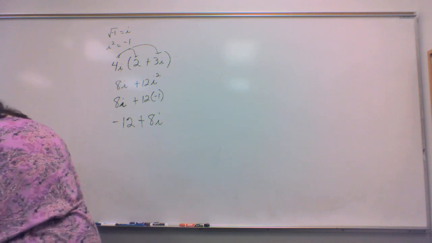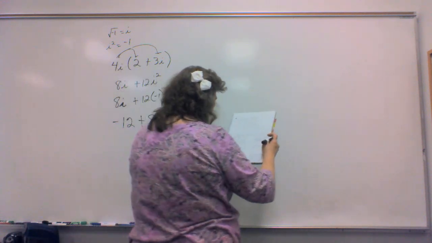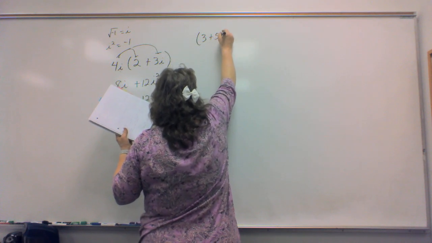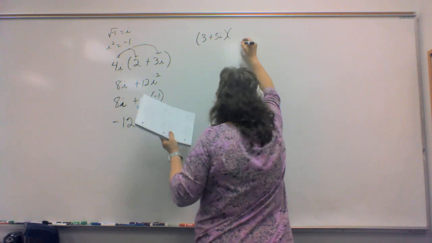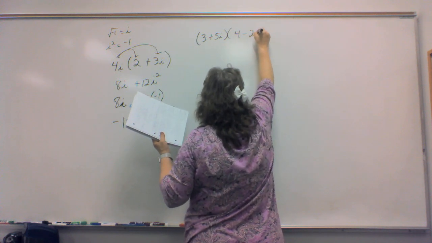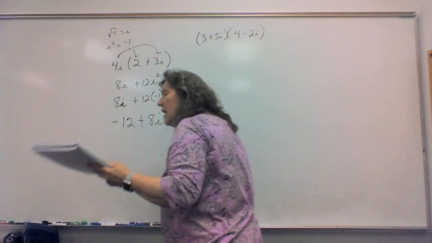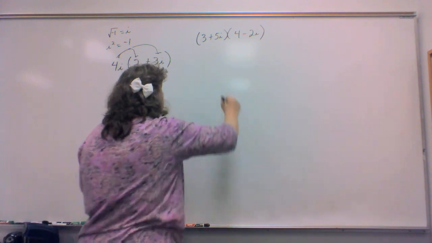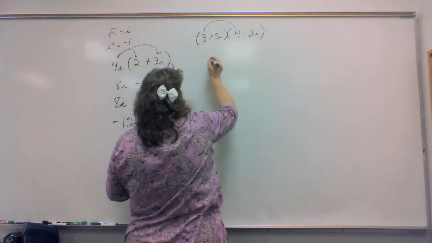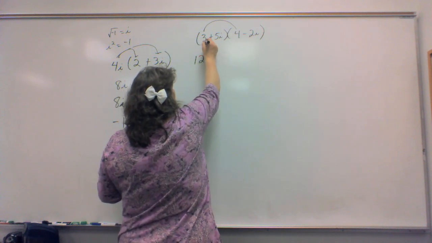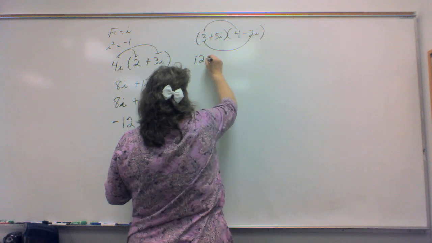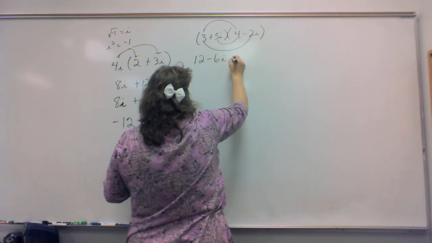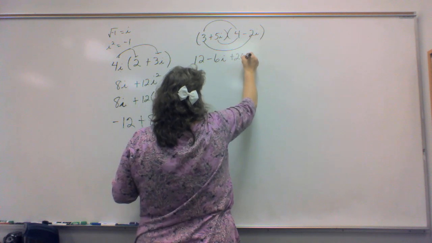Okay, so now let's look at a binomial times a binomial. 3 plus 5i times 4 minus 2i. And again, we have to use the foiling concept. Okay? So 4 times 3 is 12. 3 times -2i is minus 6i. 5i times 4 is plus 20i.